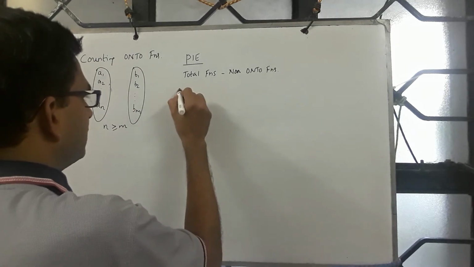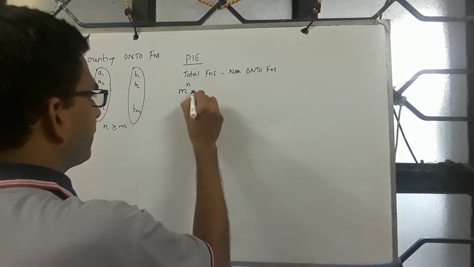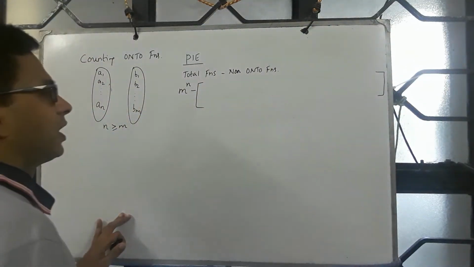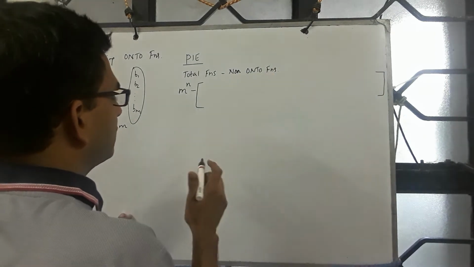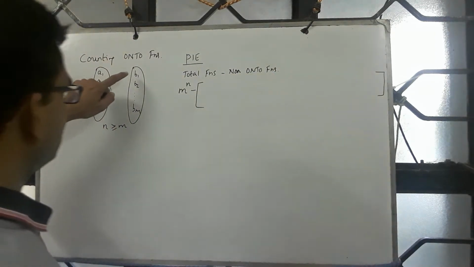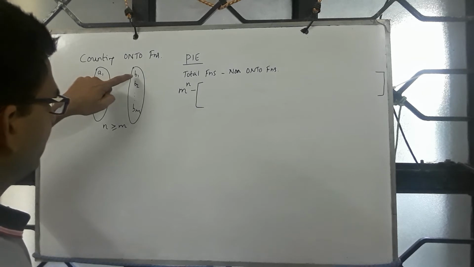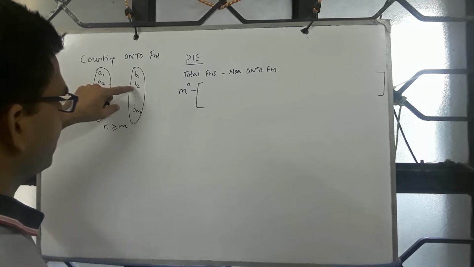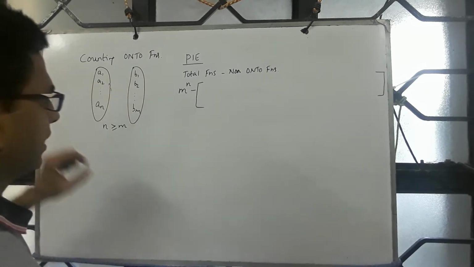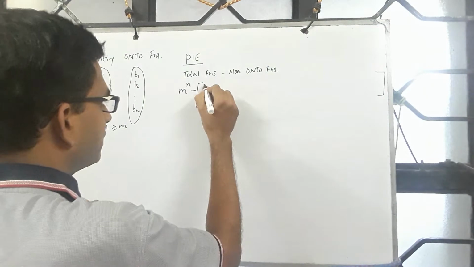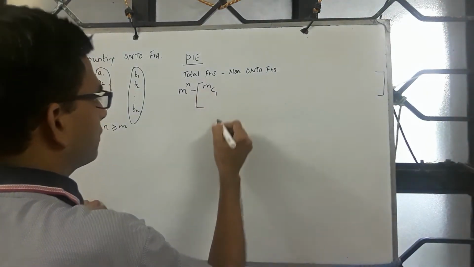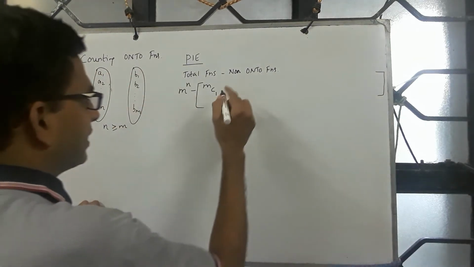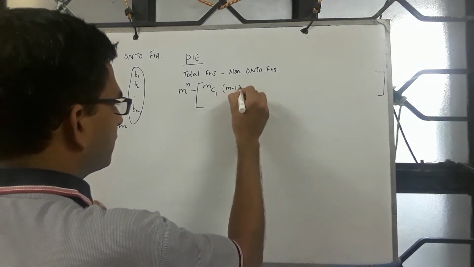The total number of functions is m to the power n, minus, let's look at this component. The number of onto functions is what? The number of functions in which B1 is not having a pre-image, then B2 is not having a pre-image, Bm is not having a pre-image. So there are m elements, so m choose 1, and then you are mapping n to the rest, so that would be m minus 1 to the power n.